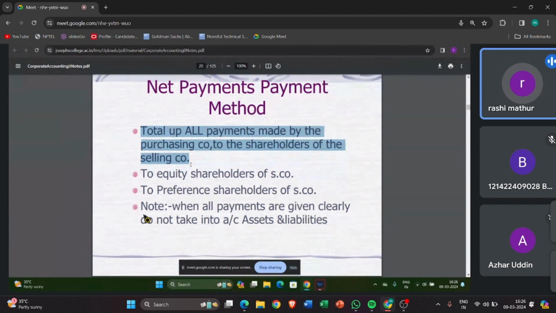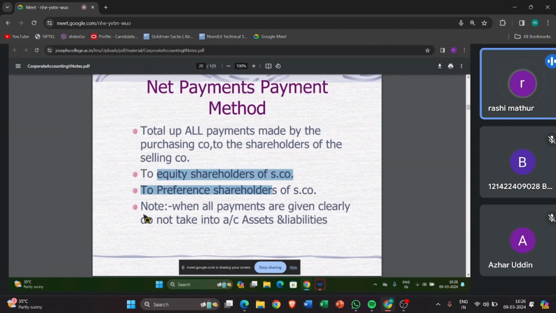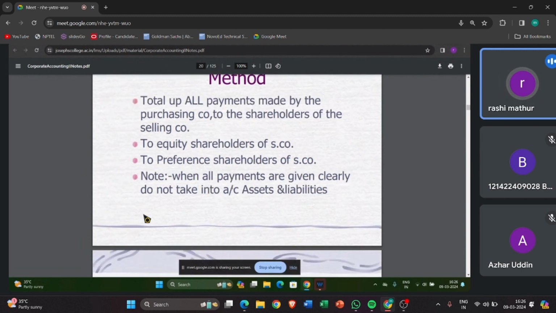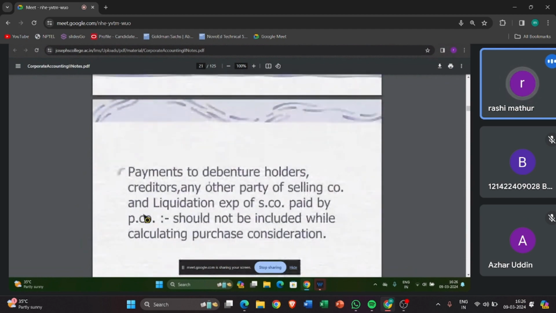So in the journal entry you had: I paid cash, I paid shares, I paid debentures. All of it is added up, whether it is paid to equity shareholders or to preference shareholders. Add up all of it, however much is paid, and you'll get the purchase consideration. Okay, so that is the net payments method.